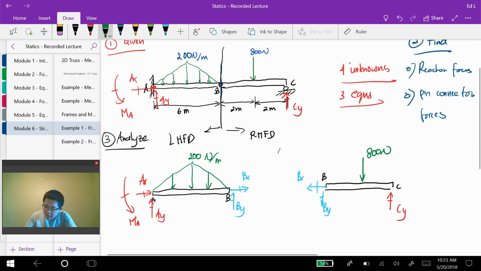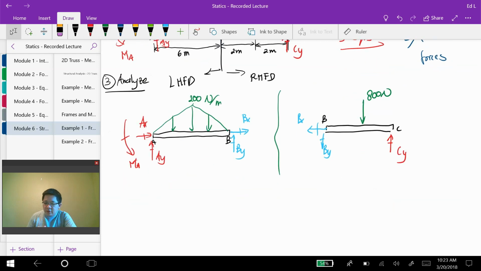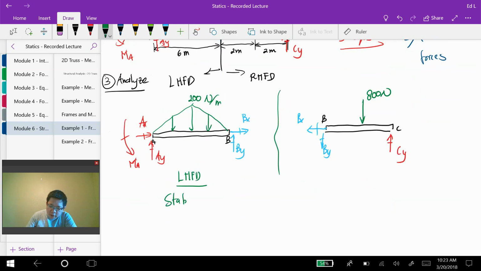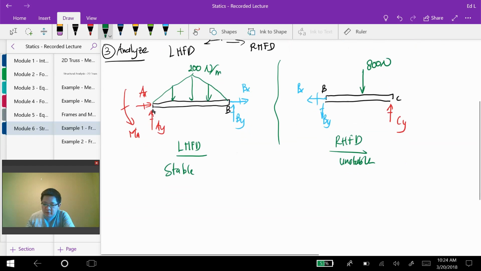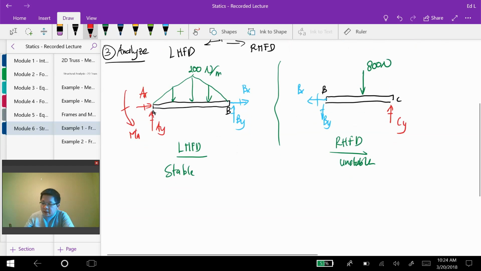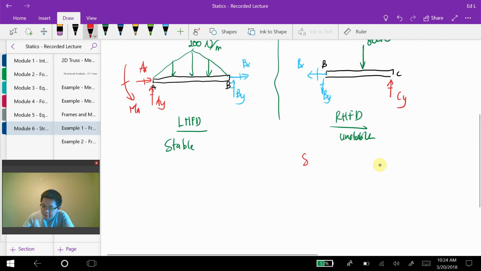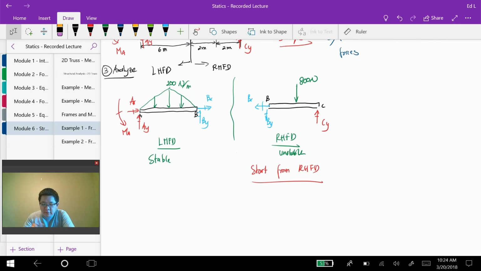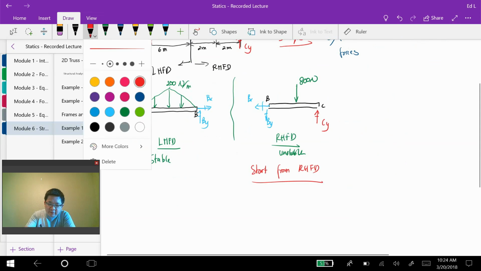If we analyze these 2 free body diagrams, the left hand free body diagram alone, without the pin connection forces, is a stable structure. The right hand free body diagram alone, without the pin connection forces, is unstable. So we have to start from the right hand free body diagram first. Before that, let's count how many unknowns we have.